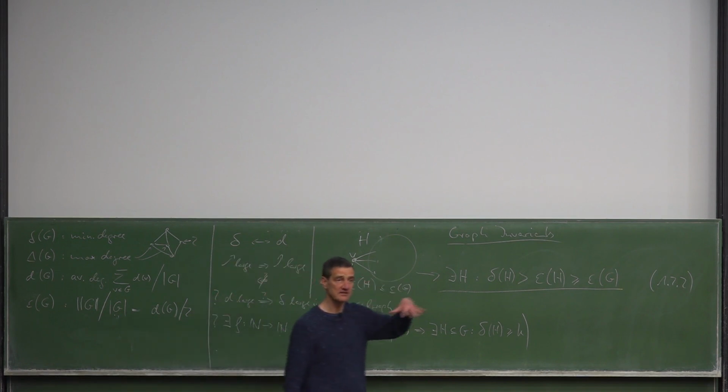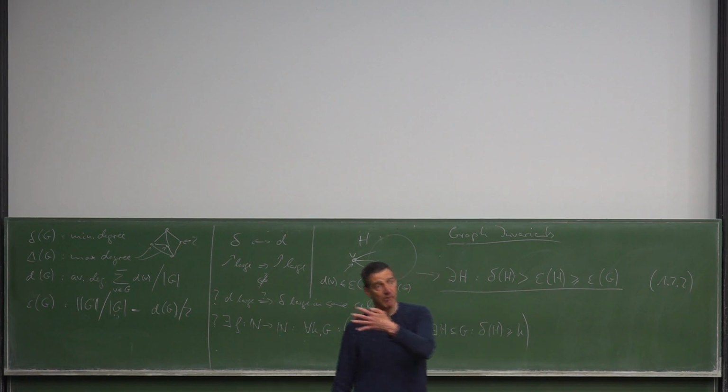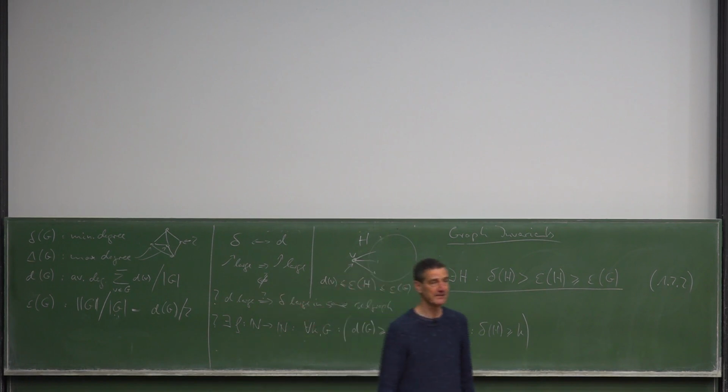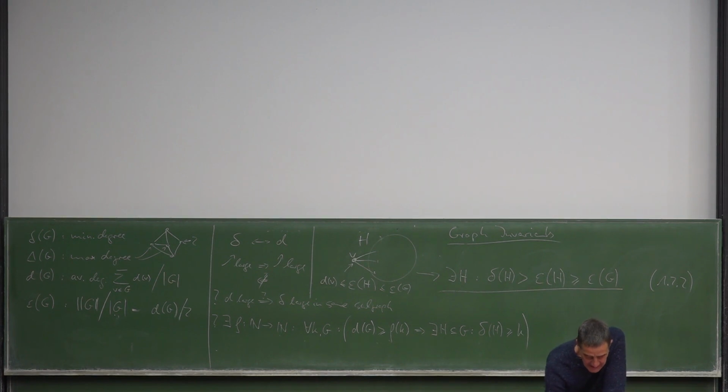At every stage, when we delete a vertex, we're making sure that the epsilon doesn't go down. We have a certain H, then we have a new H, and the new H has an epsilon that is at least as big as the previous H, whose epsilon is at least as big as the H before that, whose epsilon is at least as big as G. Yeah, other questions? Nope. Okay. Right.